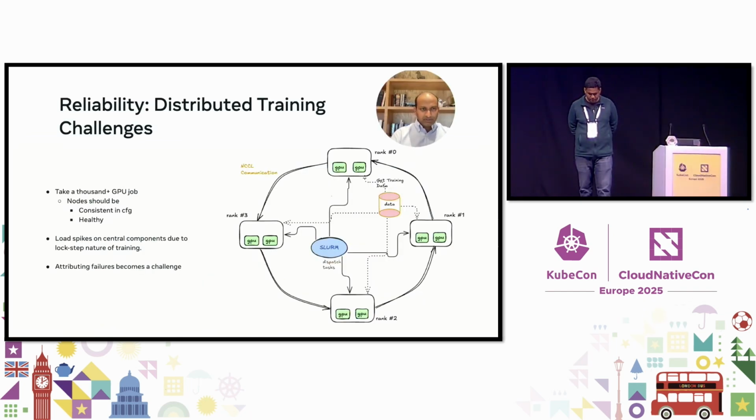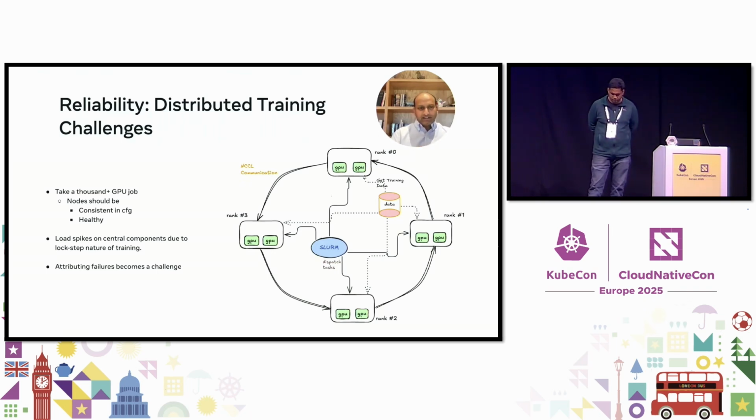Okay, we talked about reliability already, but let's really understand why distributed training reliability is such a challenge. In this picture, you're seeing 4 servers with 2 GPUs each running an ML training workload, right? Slurm is dispatching these tasks to the workers, to the servers, right? And the workers are pulling training data from the data store, right?